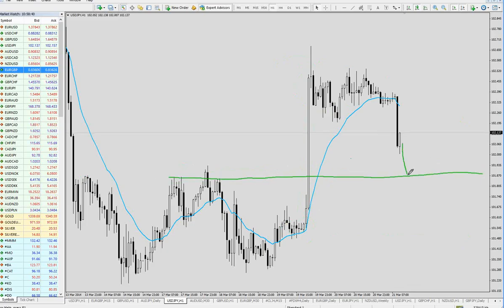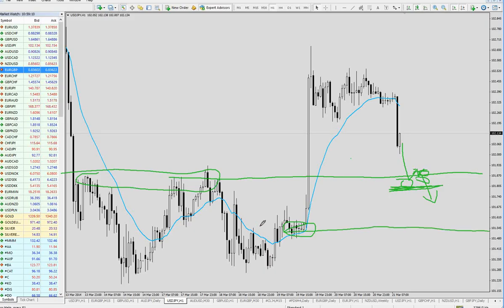We move down, testing the support, creating some lower swing high, swing low on the 15 or 5-minute chart, then some pullback, some higher swing low, and I would try to join somewhere like this just to minimize my risk within this area, right? Because if we are going to break down this area, most probably we are going to test another 101.50. So always try to minimize your risk. Okay? I'm not interested in dollar yen here.